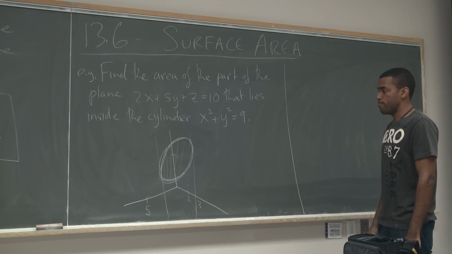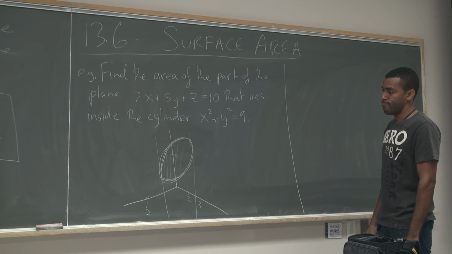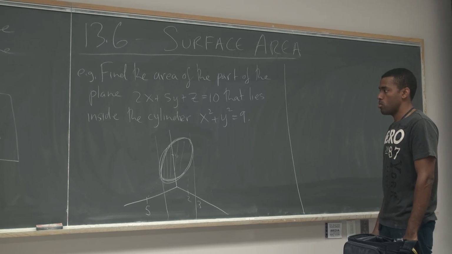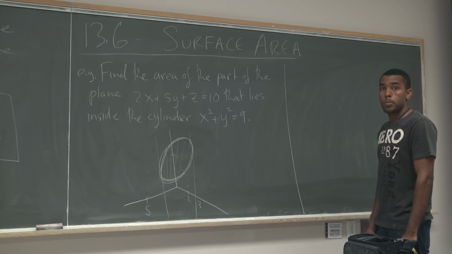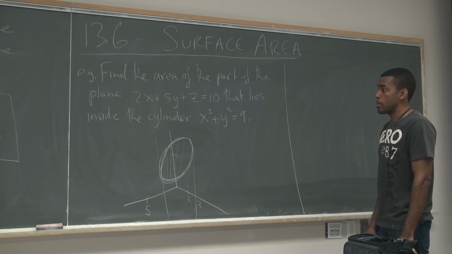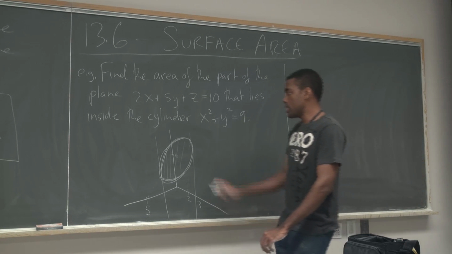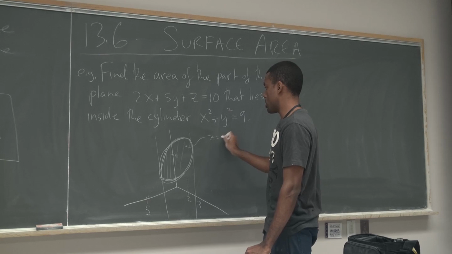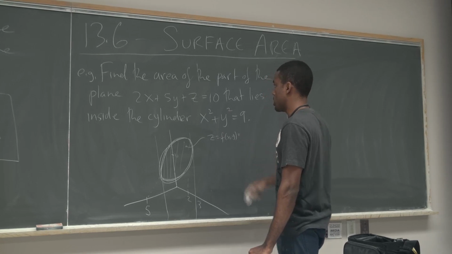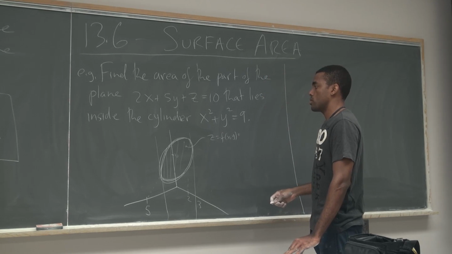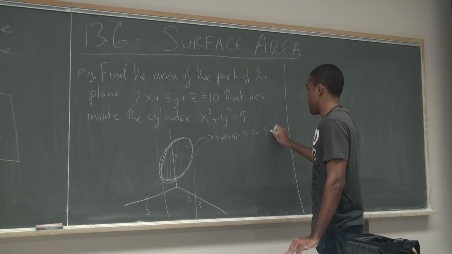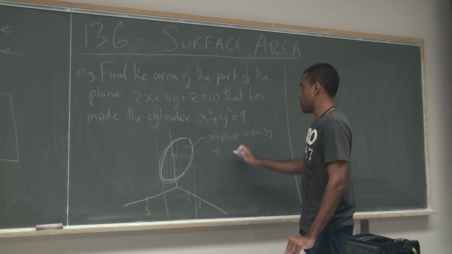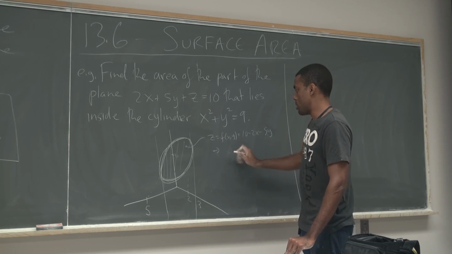How do we set it up? Find the partials of what? The plane. The equation of the plane. So this guy I'm going to write as z equals f of x, y, which in this case would be 10 minus 2x minus 5y, which means my normal vector... So I'm going to find the partials.